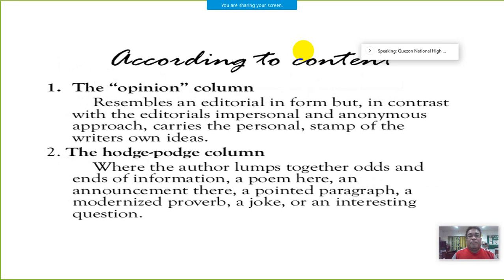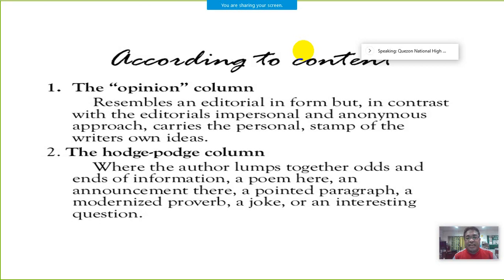Then what are the types of columns? According to content, we have the opinion column. It's commonly found in the editorial page. It resembles an editorial in form, but in contrast with the editorial's impersonal and anonymous approach, it carries the personal stamp of the writer's own ideas.